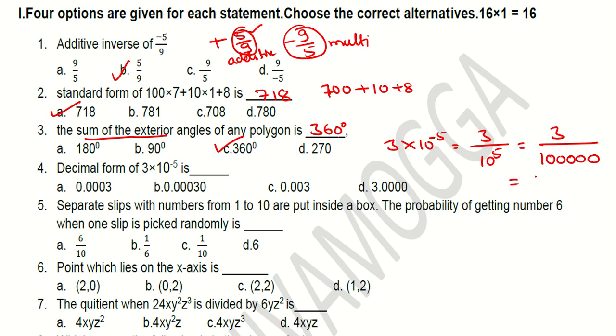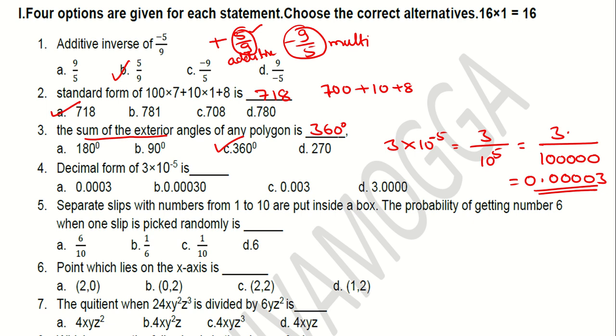We have to move the decimal point 5 digits back. Counting 1, 2, 3, 4, 5 including the 3, it is 0.00003, with 4 zeros before 3.